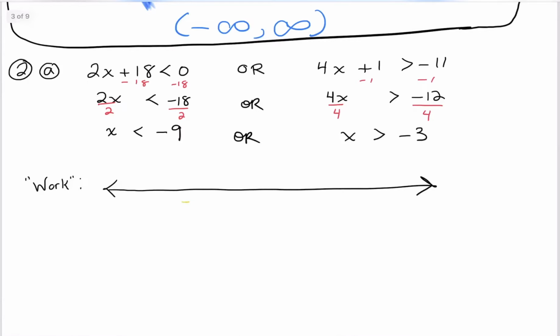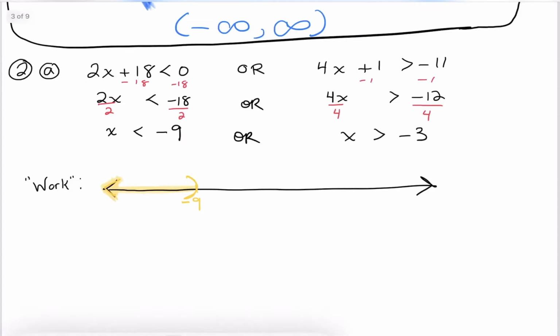The first one is everything less than negative 9, so I am shading everything to the left of this negative 9. And of course, we have to be real clear what's happening at the negative 9: not included, so either open parenthesis or open circle.